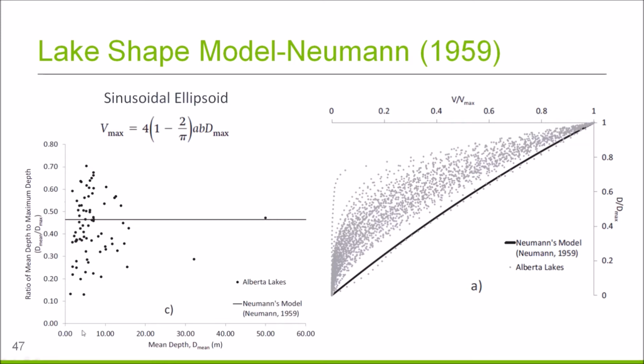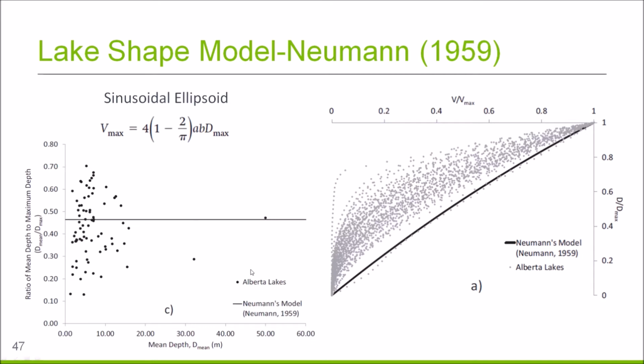On the left side, I'm showing the mean depth of a lake and the ratio of mean depth to maximum depth, which is a very important parameter for a lake. Newman's model gives you the volume of a lake if you know some parameters like the maximum depth and the shape of the lake.